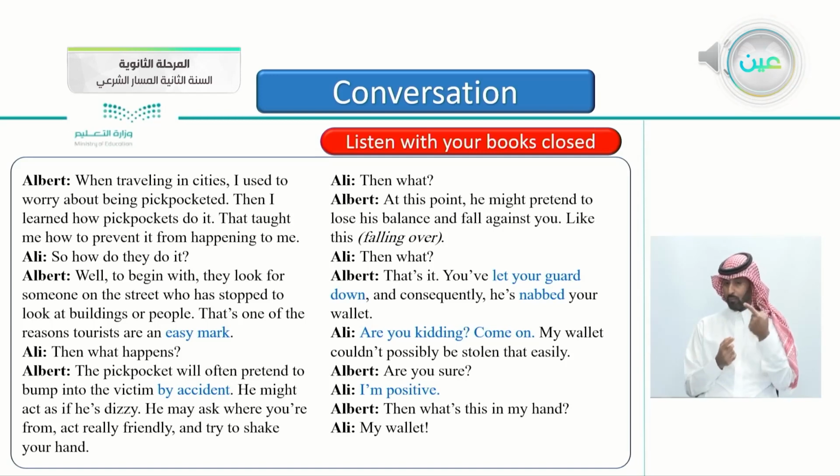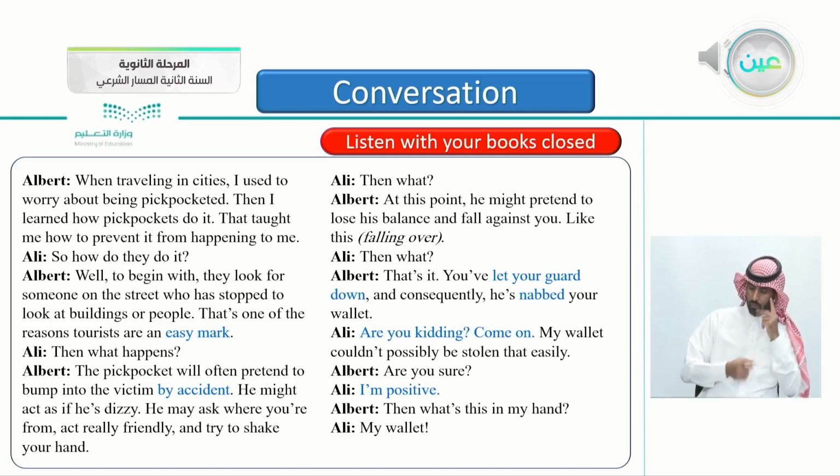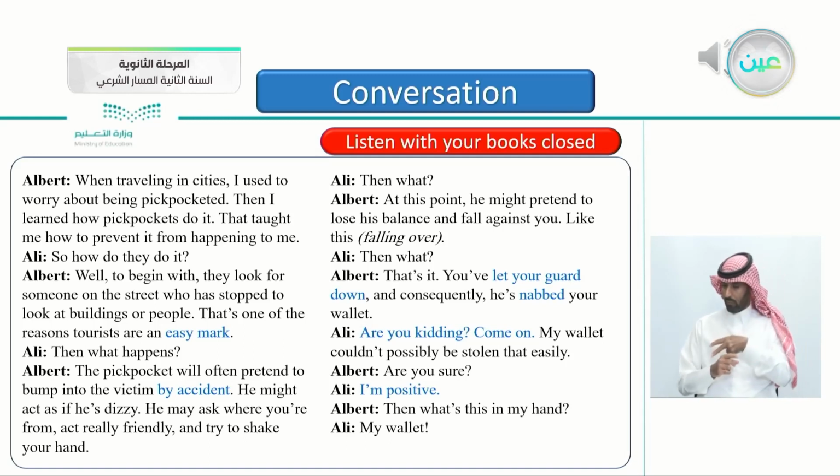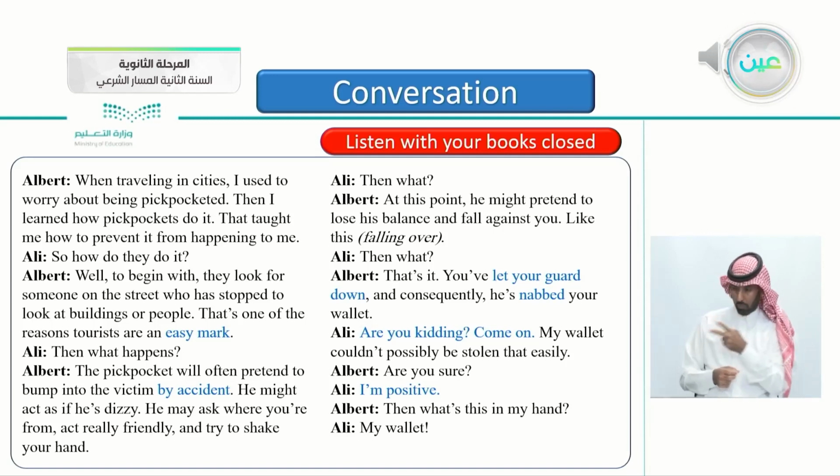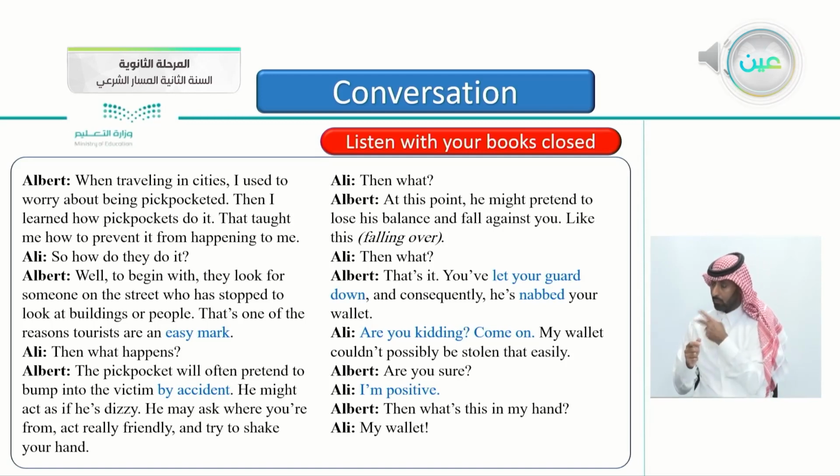Let's listen together. Crime doesn't pay. When traveling in cities, I used to worry about being pickpocketed. Then I learned how pickpockets do it. That taught me how to prevent it from happening to me. So how do they do it? Well, to begin with, they look for someone on the street who has stopped to look at buildings or people. That's one of the reasons tourists are an easy mark. Then what happens? The pickpocket will often pretend to bump into the victim by accident.